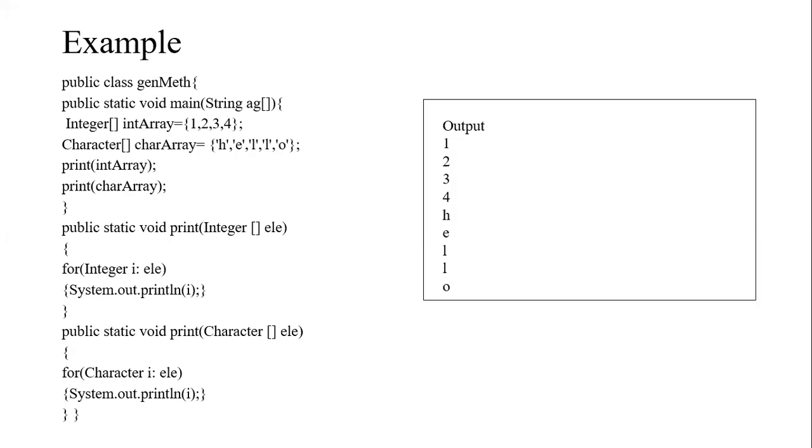Okay, I don't want to do it in this fashion. I don't want to write two different methods. What I can do is, instead of specifying integer or character for this argument, I can generalize it, saying some data type. I'm not saying integer only, I'm not saying character itself, I'm just specifying some type called T. Here is a modified version.